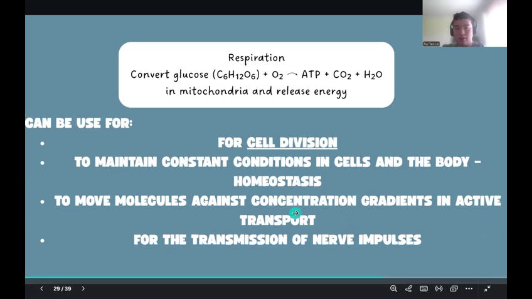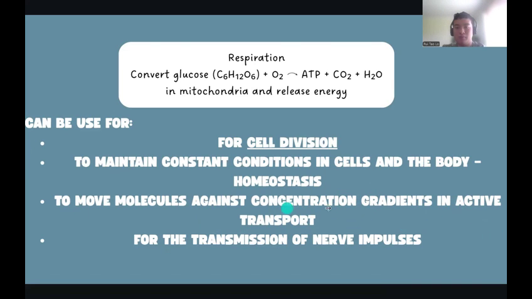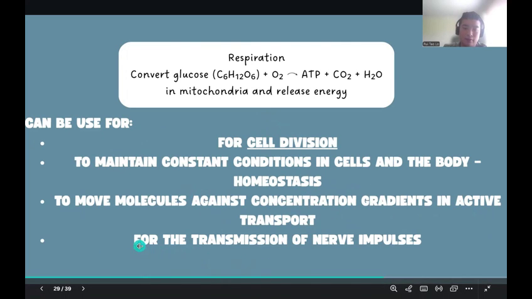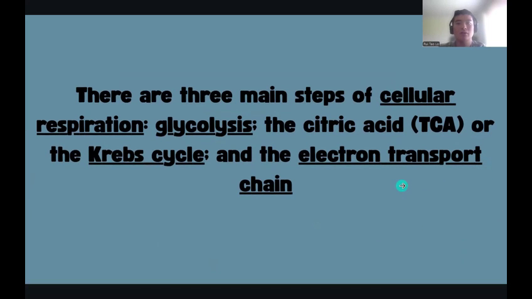Active transport uses the energy to move something from a lower concentration to a higher concentration. It isn't used in diffusion, because diffusion only goes from high concentration to low concentration. Another example of what the energy from respiration is used for is the transmission of nerve impulses.